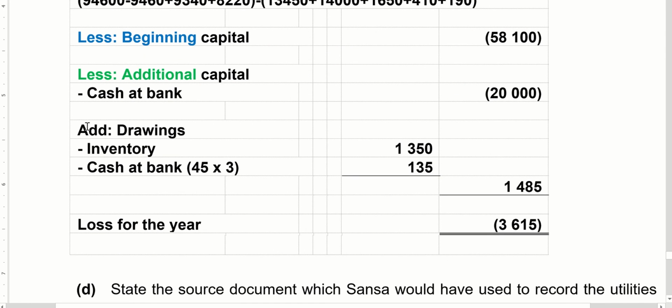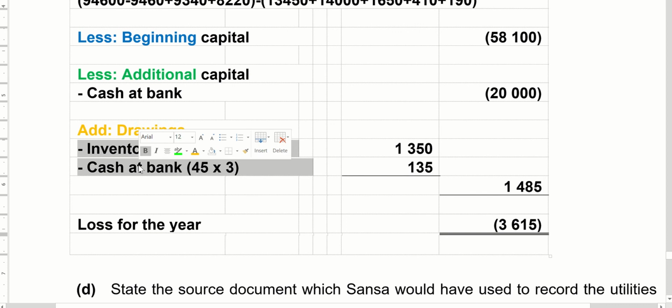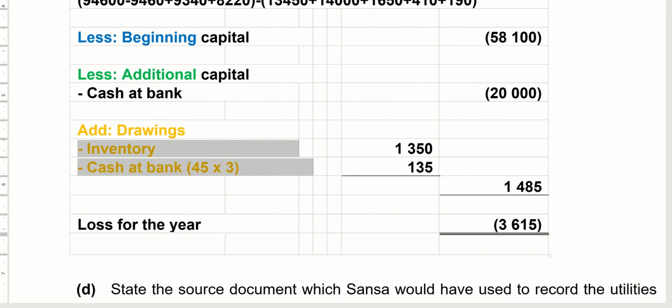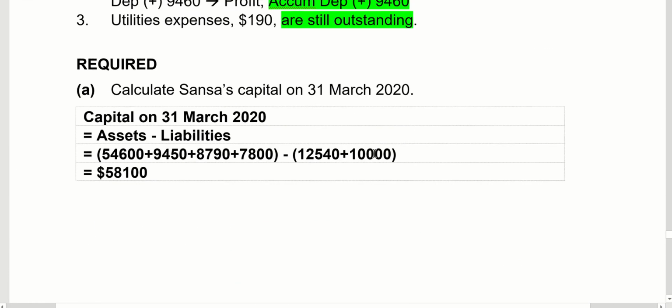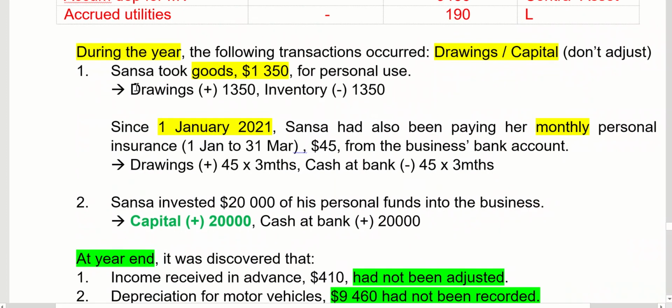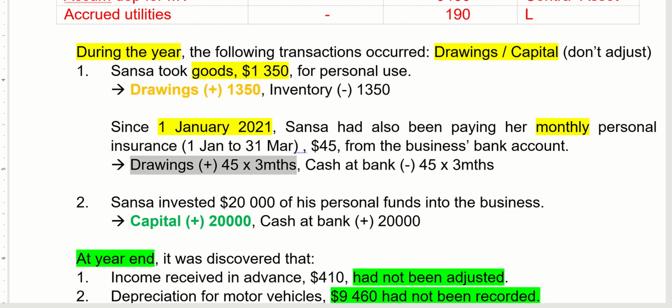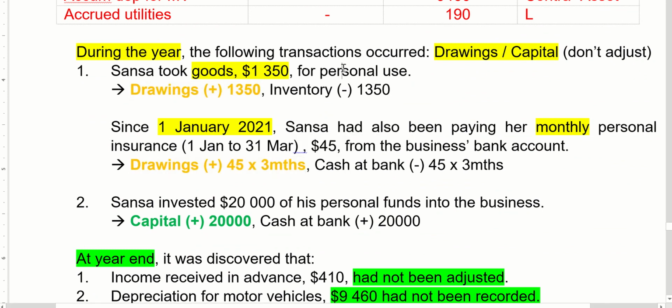So where are your drawings? Your drawings are over here. You have two drawings, inventory and cash at bank. This again is from your drawings numbers over here: drawings of inventory, as well as drawings of cash at bank to pay for personal insurance.